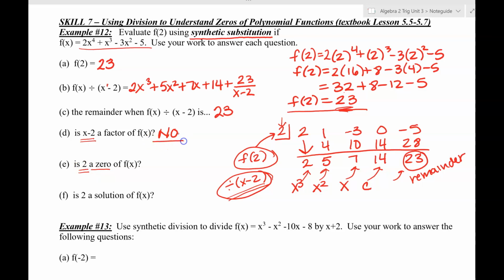Since x minus 2 is not a factor, then no, we're not going to get a 0 at 2. And part F is just another way to ask this question, making sure you're remembering that we can ask this several ways. Is 2 a solution of f of x? No, because solutions is another word for zeros. So this is how this information can help you with some of the information we were looking for before.